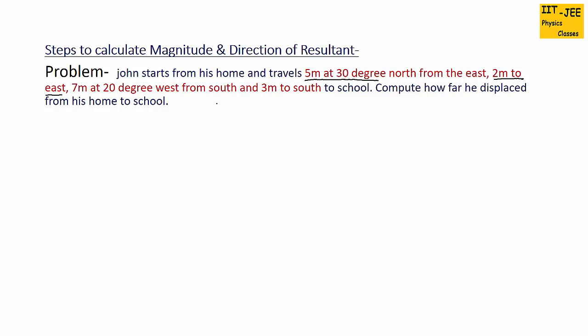We have already discussed head to tail method in vectors part 2. So first of all, he traveled 5 meter at 30° north. So it would look like this. This is home. This is first displacement. Then he displaces 2 meter towards east.